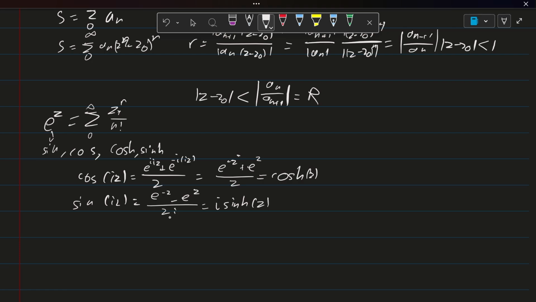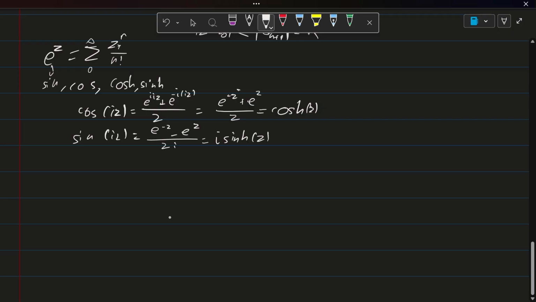So we also described the Taylor series of the natural log of 1 plus z. We found this to be the sum over n of negative 1 to the power n plus 1, z to the power n over n, where the magnitude of z must be less than 1. So we could convert this into the natural log of z.